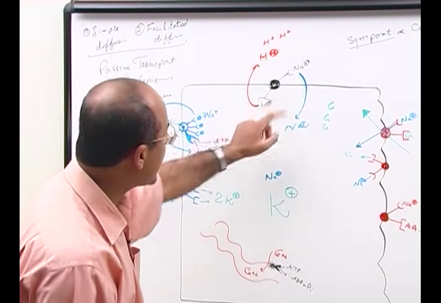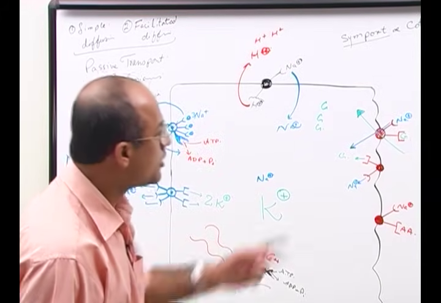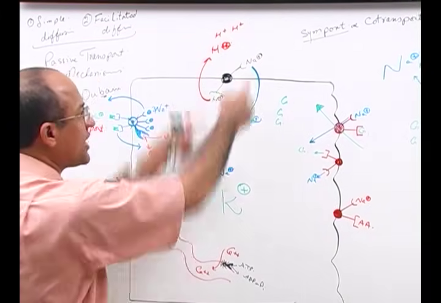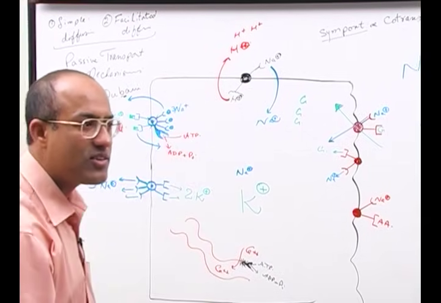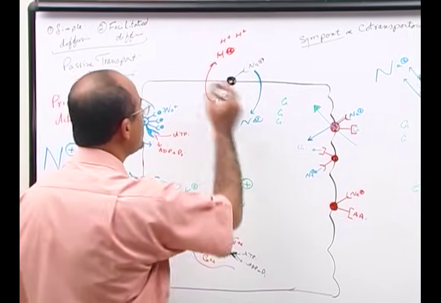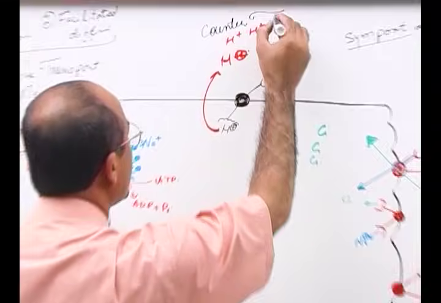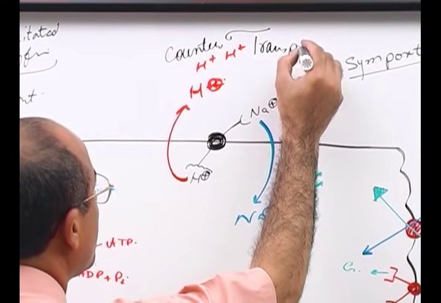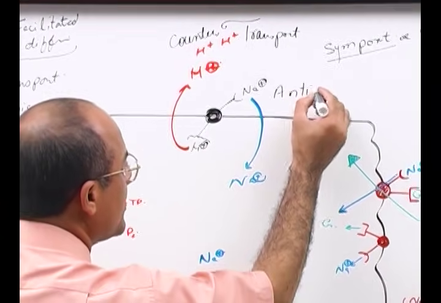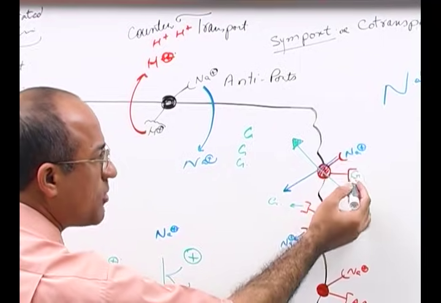Another important thing, can it be co-transport? No. In co-transport, two things should move in the same direction. Here the two molecules are moving in opposite directions. These are called counter transport, or such molecules are called antiports. The co-transporters were symports.